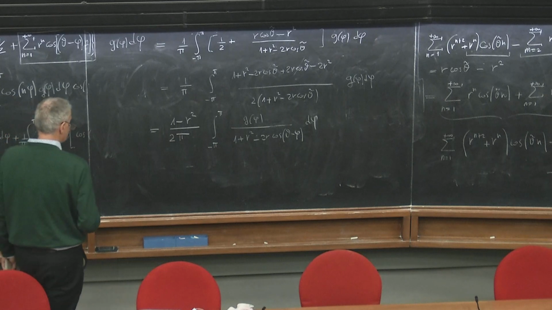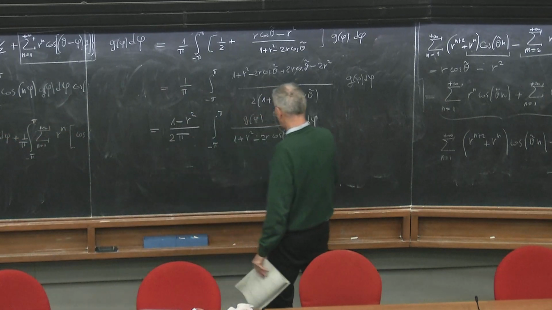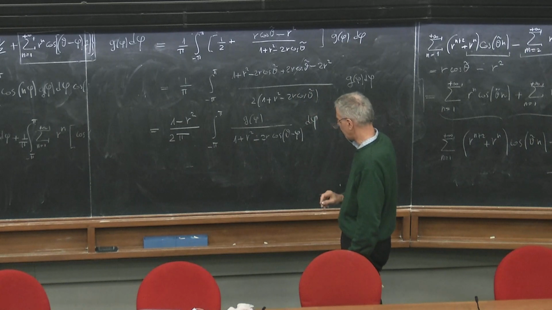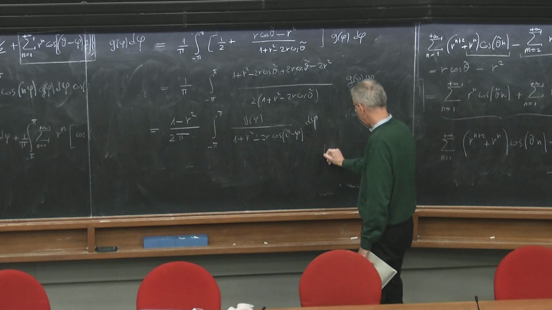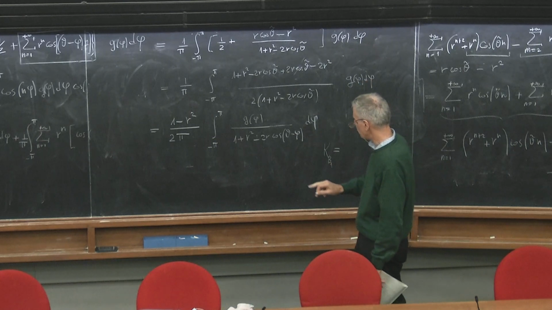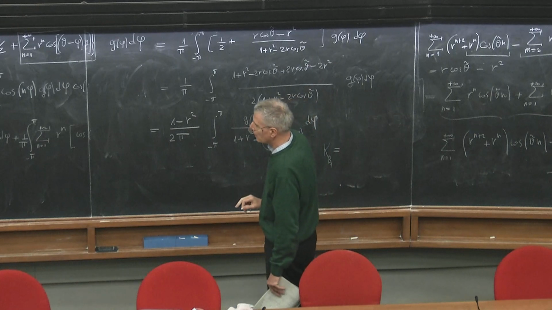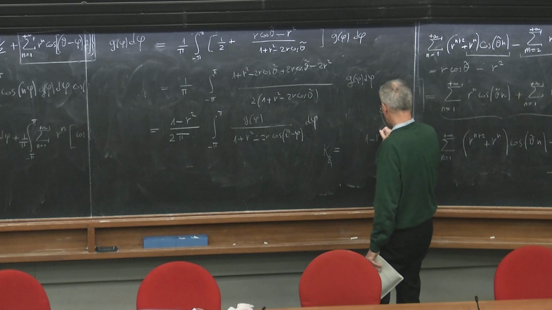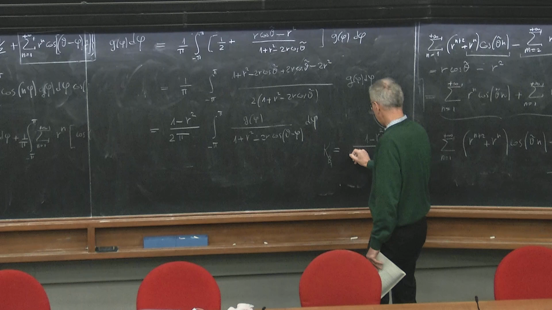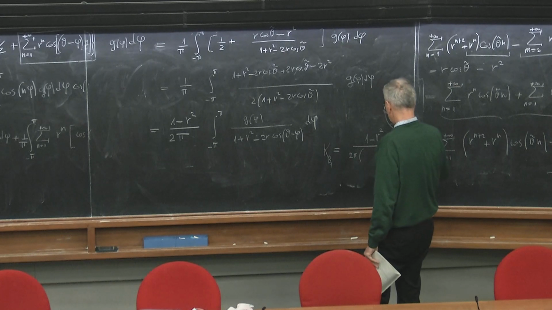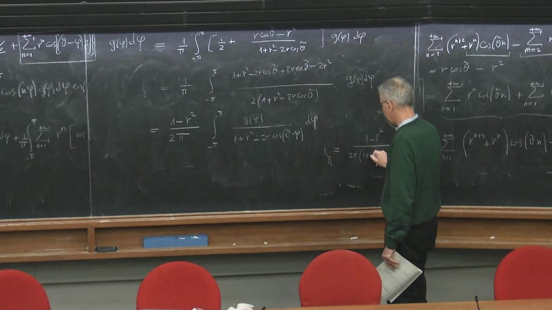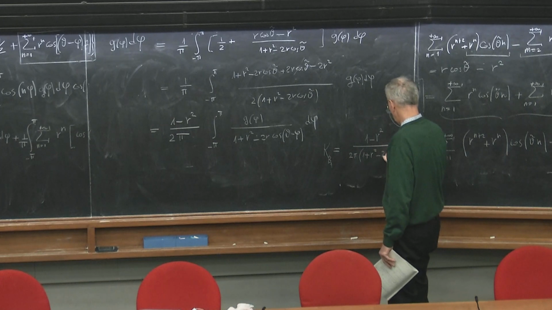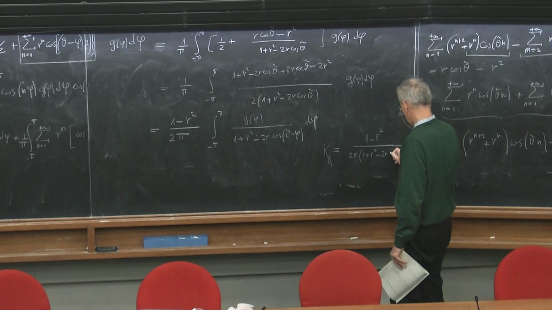I think that this is an expression in polar coordinates of our case. So I think that this is what we are looking for. So k in polar coordinates for the ball in 2 dimensions should be simply 1 minus r squared divided by 2 pi multiplied by 1 plus r squared minus 2r cosine of theta minus phi.